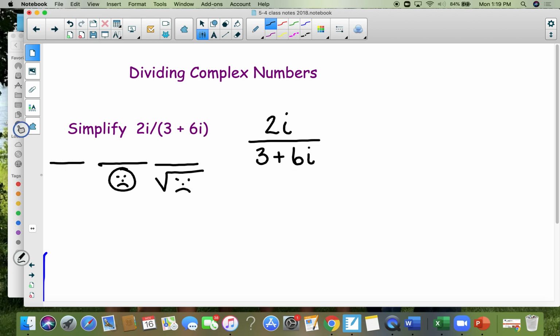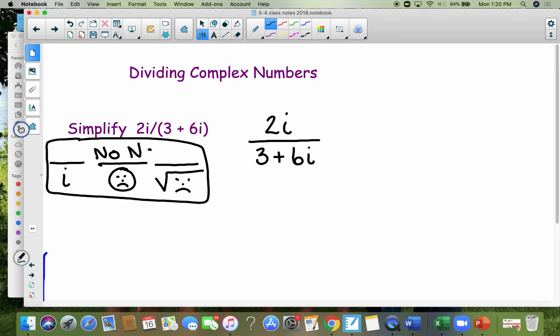You also can't leave an I in the denominator. These are all no-nos in math. You can't have a 0, you can't leave a radical, and you can't leave an I. So this cannot be the final answer because there's an I.